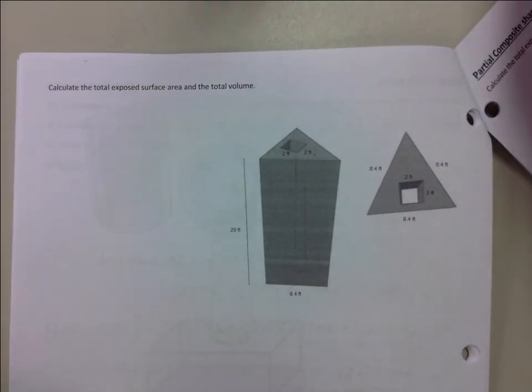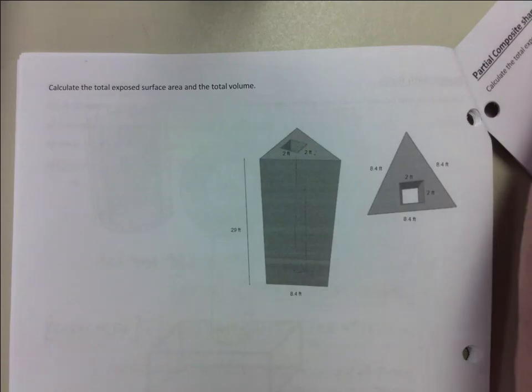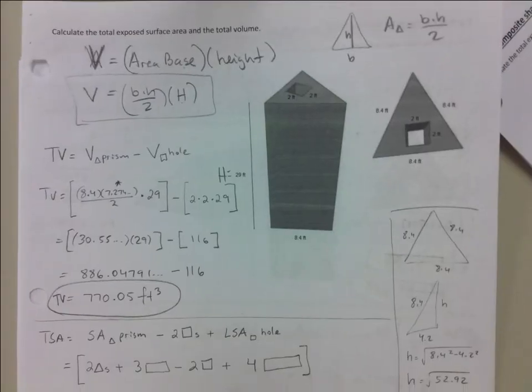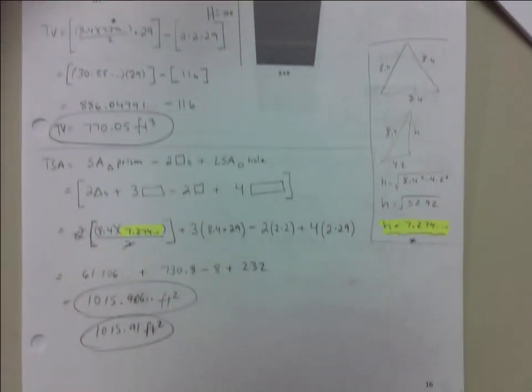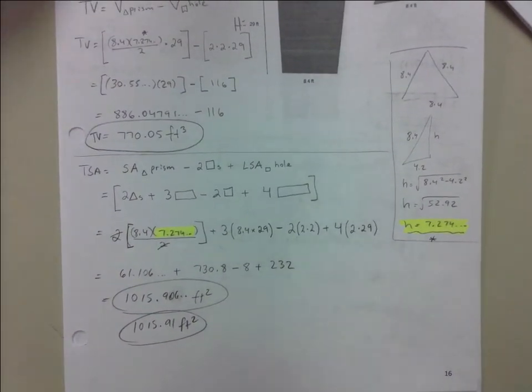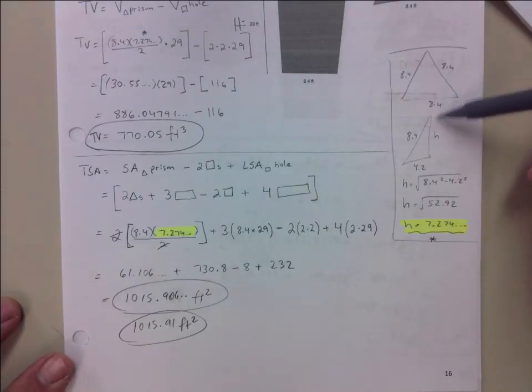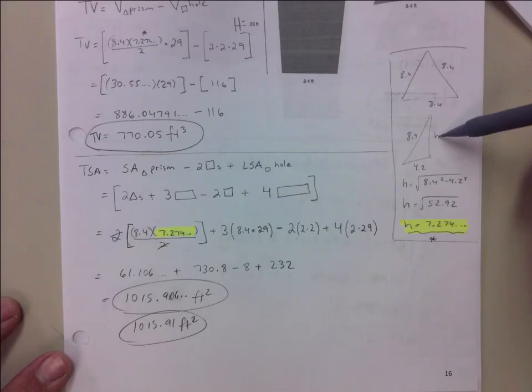Okay, so I think the key is, I'm just going to show you the key. I'm just going to focus on the surface area here. So I highlighted the height. I found the height of the triangle, right? I had to split the base in half. Height is a leg, right?